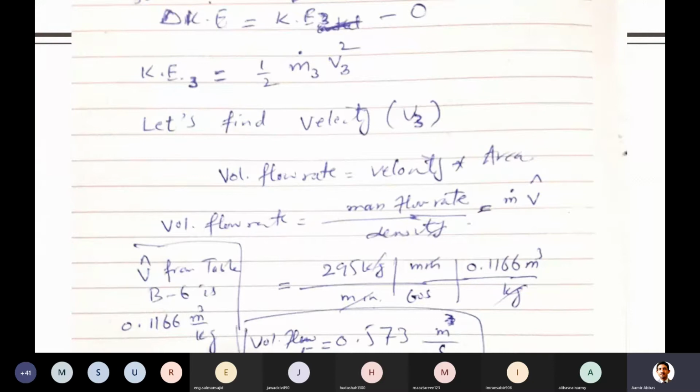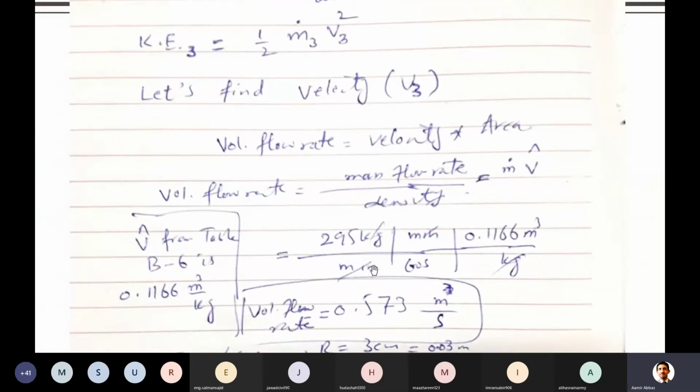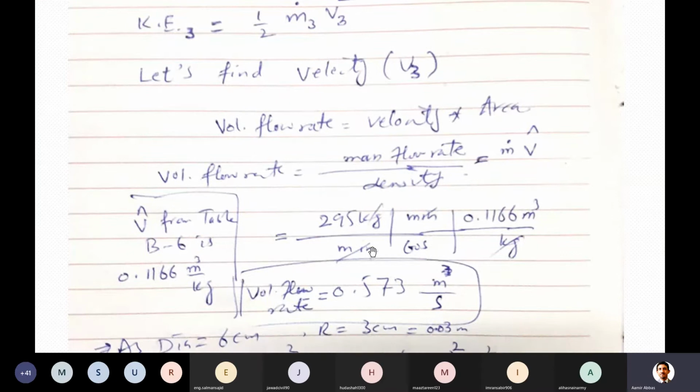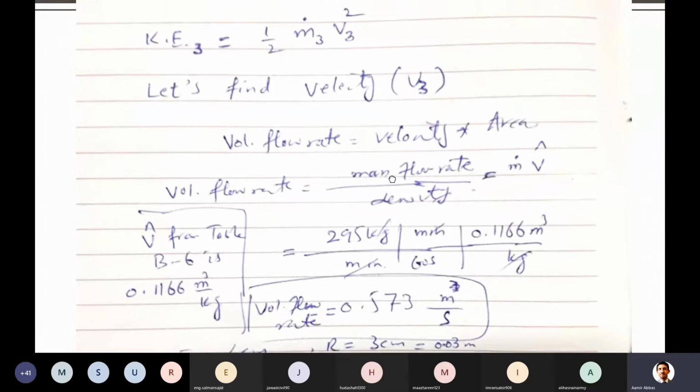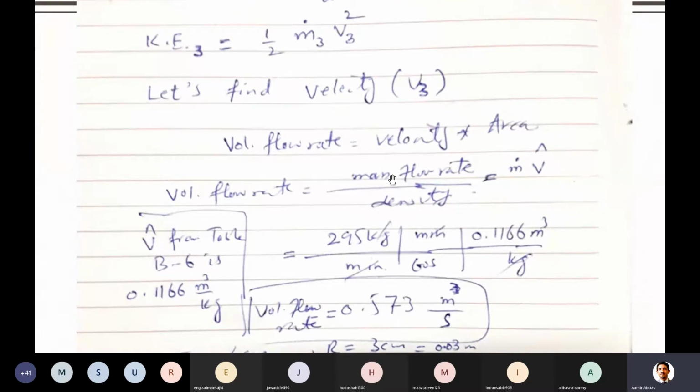For the outlet streams, it was already given, so just find it, no problem. Up to here, if you have any concern or question. Up to here, volumetric flow rate, I think this is pretty straightforward. Mass flow rate per density, and instead of density, you can use specific volume, which you can easily get from the steam table. So that we have done here.